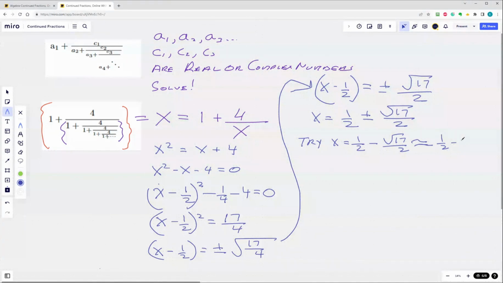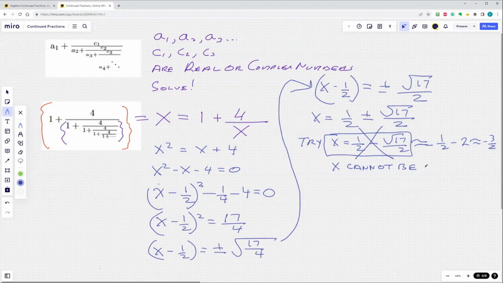So 1/2 minus 2 will be about minus 3 over 2. This doesn't work because x cannot be non-positive.